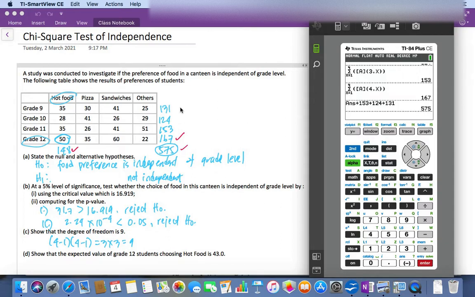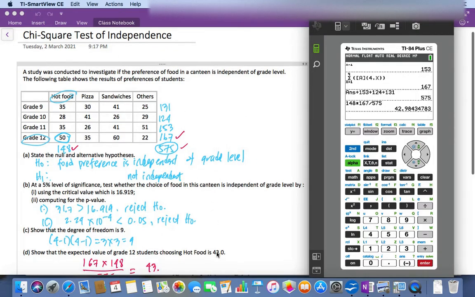So that's going to be 167 multiplied by 148 divided by 575. So 148 times 167 divided by 575, and that's going to give me 43.0 to the specified accuracy over here.